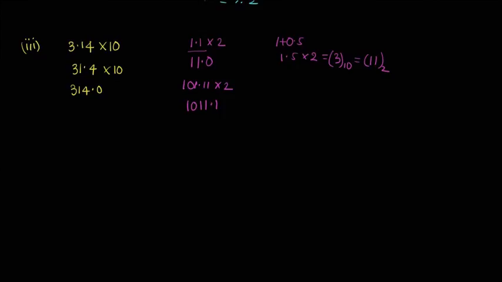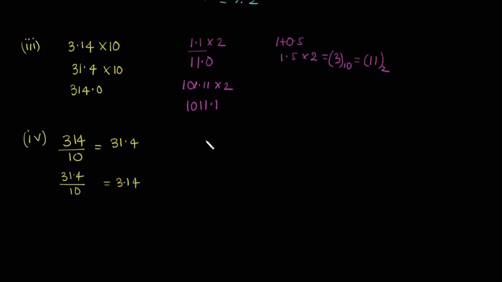Now moving on to the fourth property. We have seen the multiplication. Now if we have 314 divided by 10 in the decimal number system, then the value is 31.4. Again, if we divide 31.4 by 10, we get 3.14.